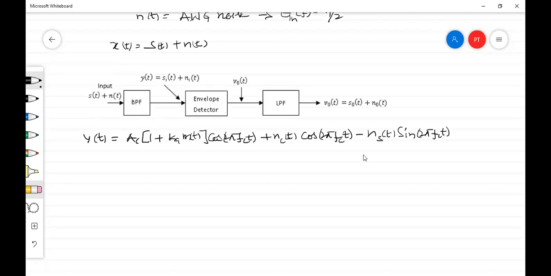Okay, so this is the signal and this is the band pass noise.